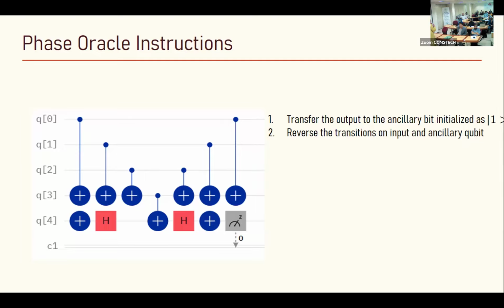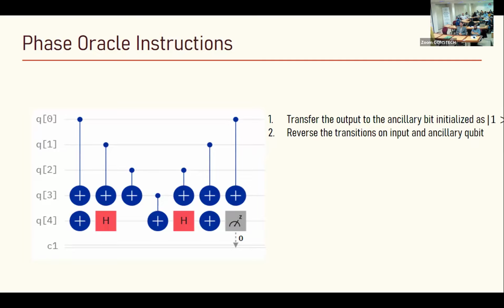The magic of unstructured search in Grover search is that you make a phase oracle, you superpose the inputs, and you say that the input can be anything between 0 and 1. After the diffusion operator, only those inputs are amplified which give the output of 1 here, or in other words, which give a phase flip at the ancillary qubit.